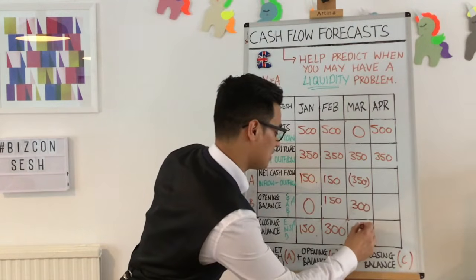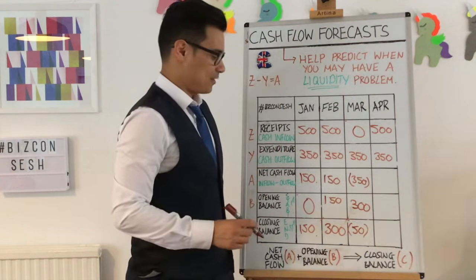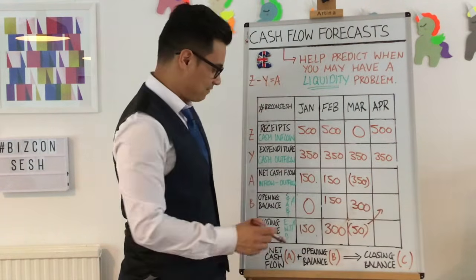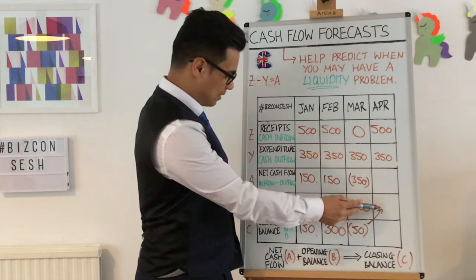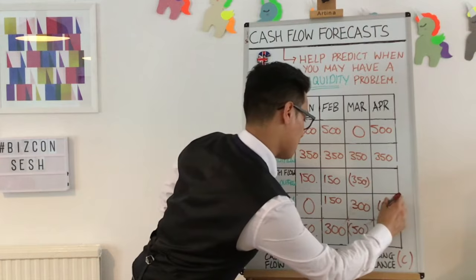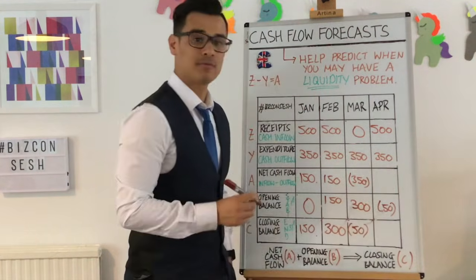So negative 50. Now, to complete this, we simply take that negative 50 to be the opening balance of April. So therefore we put the 50 negative there in brackets.